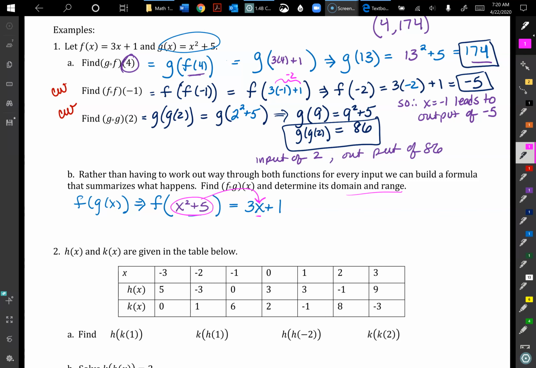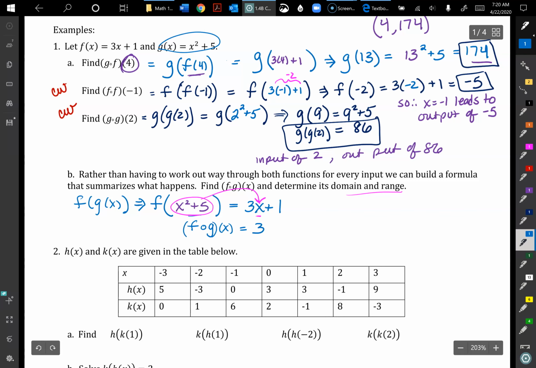Okay, so I can write this as f of g of x equals 3 times (x squared plus 5) plus 1. And then I'm going to just distribute the 3 there. The square is inside the parentheses, attached only to the x, so I don't want to expand that or anything.